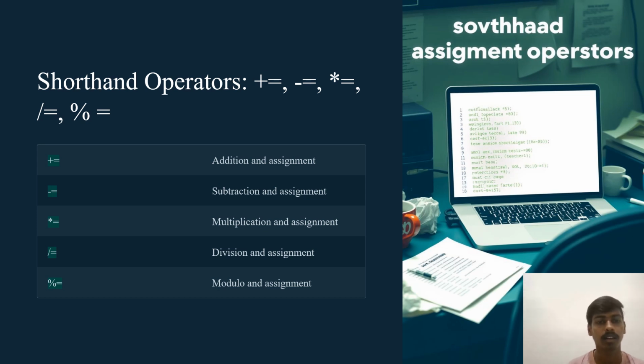We can see that the addition is in front of the equal to. In the last example, we saw that the left side of the addition is shifted towards the right side when it is added to the operator. Same as the subtraction, multiplication, division and modulo.